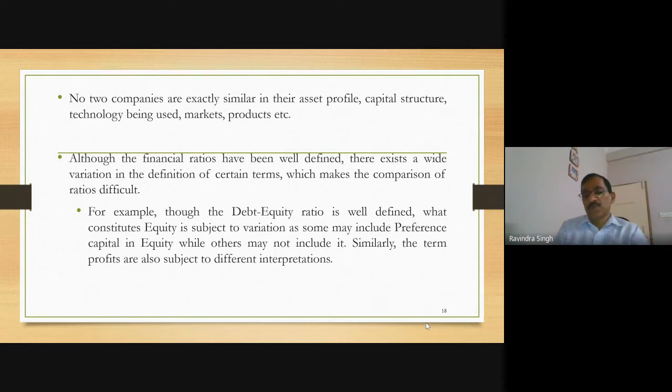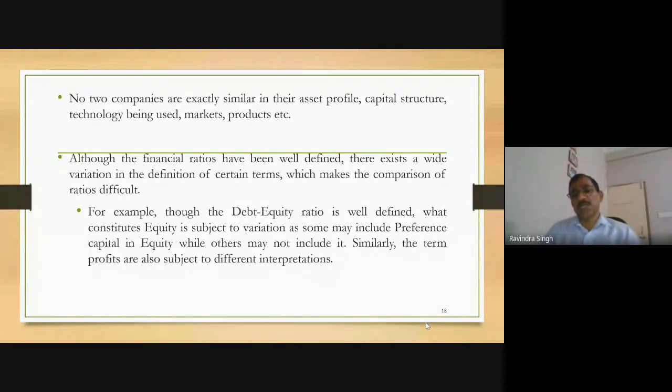अब देखिए, हमने जब आपको पूरे रेशियो बता दिए तो उसमें कुछ टर्म्स ऐसे हैं कि दे आर लायबल टू बी इंटरप्रिटेटेड. इंटरप्रिटेशन इज रिक्वायर्ड. So where there is scope of interpretation, everything can be explained in their own way. For example, though the debt equity ratio is well defined, what constitutes equity is subject to variation, as some may include preference capital in equity, while others may not include it.